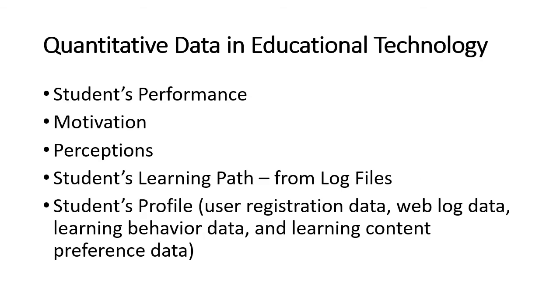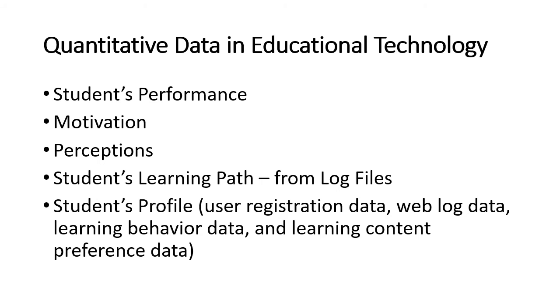So here we see another example of quantitative data that we usually find in educational technology research, like students' performance, students' motivation, students' perceptions, students' learning path. This type of quantitative data we usually find from the log files.